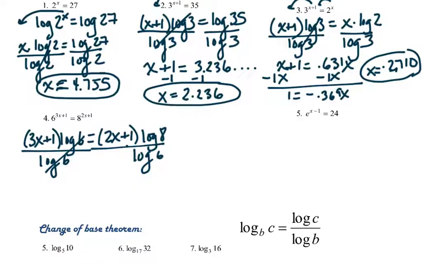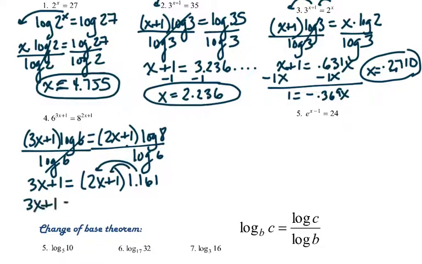So I have log 8 divided by log 6, 1.161. So 3x plus 1 equals 2x plus 1 times 1.161. And that's going to have to get distributed. 3x plus 1 equals, if I multiply that by 2, 2.322, right?